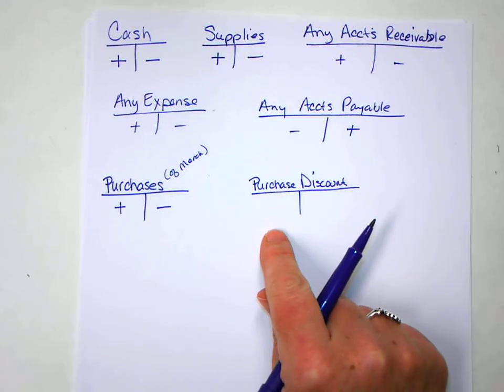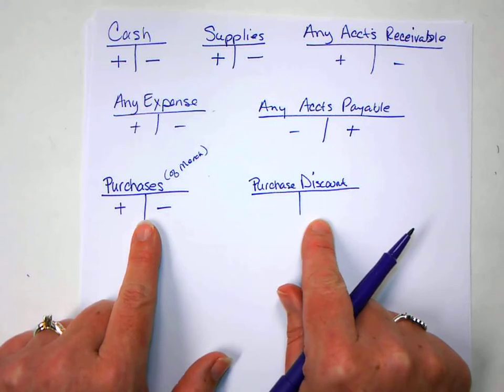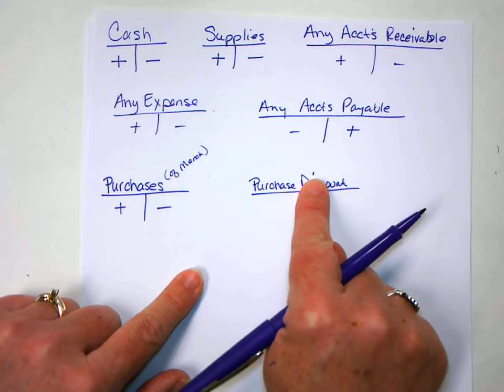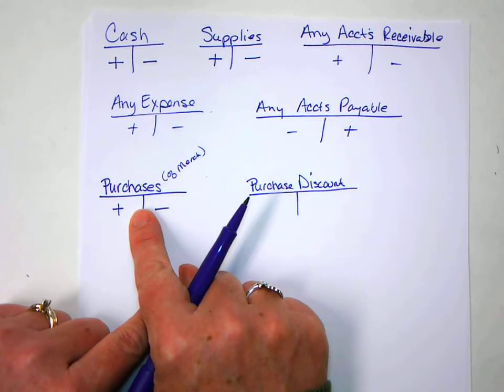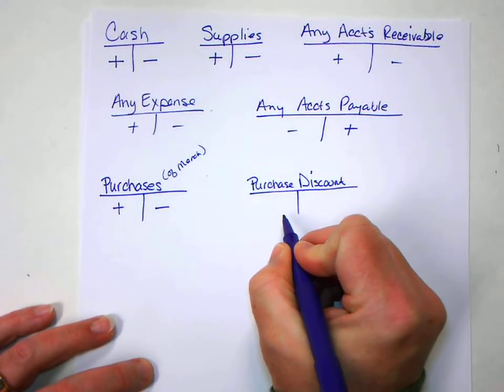And we'll do it with this account. And it'll be opposite. It's called a contra account. It's going to be opposite of what the normal balance is here. Okay? Because this is actually going to decrease this. So if this is going to decrease purchases, we've got to have the opposite normal balance.